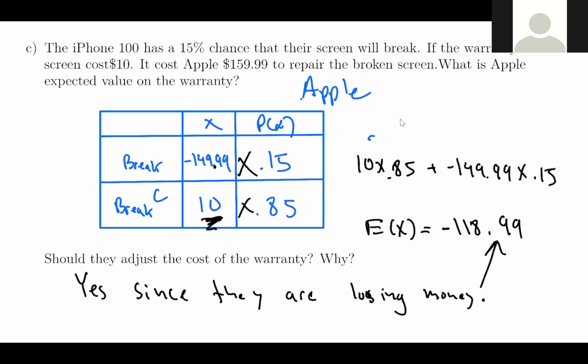I have a question. Yeah, Julian, what's up? Does it matter how you set up this addition equation? So for example, let's say I take the negative 149 first, and then I do the second part. Does that matter? No, I'll do it right now. It should not matter.